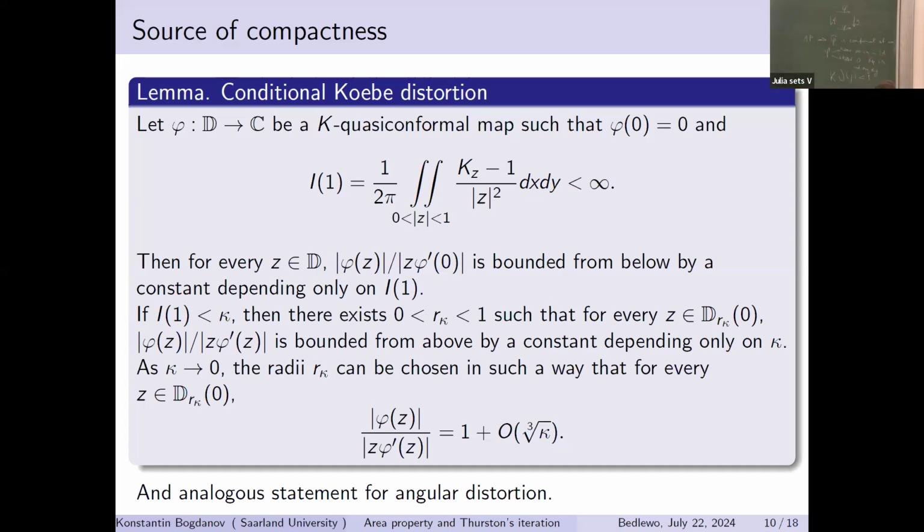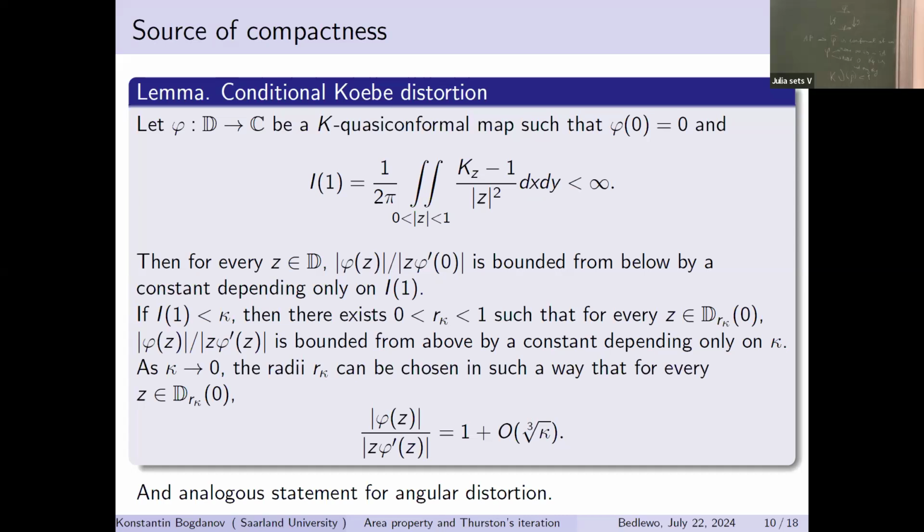Applying this theorem, we see that near infinity, our resultant function, which integrates the Beltrami differential, almost nothing is happening. So that's sort of a source of compactness.